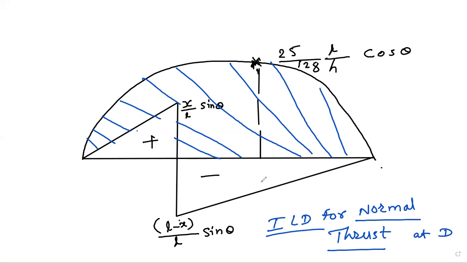Whatever the value of Hg, you have to multiply by sine or cos theta. The shear diagram, ILD for shear, is known to you, so you have to draw the same diagram, and the ILD for the horizontal thrust, that is H, you have to draw.